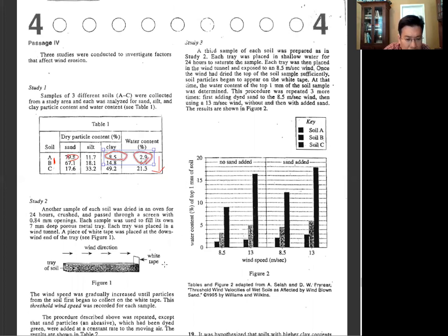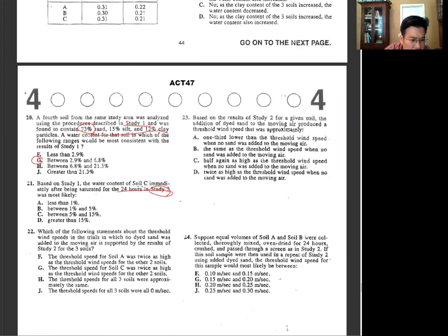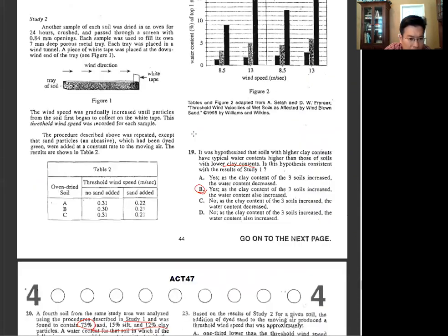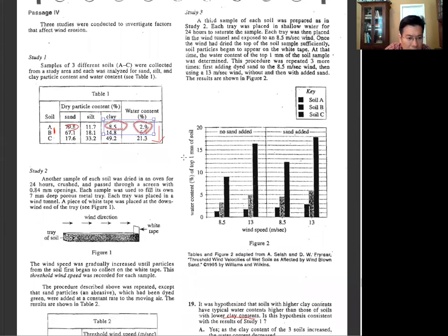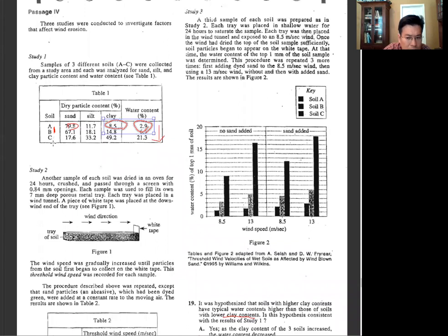And then it also says based on study 1, soil C. Sand is pretty much based on this one, and the water content of soil C. Sand added, no sand added. Either or, it's just this or this one, right?